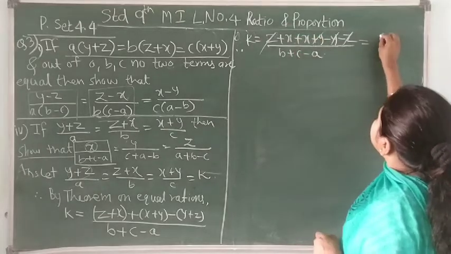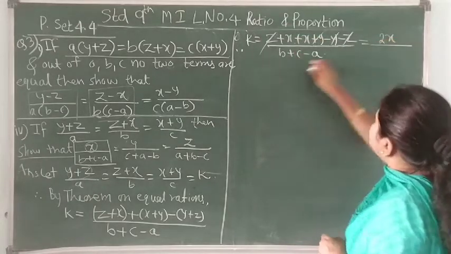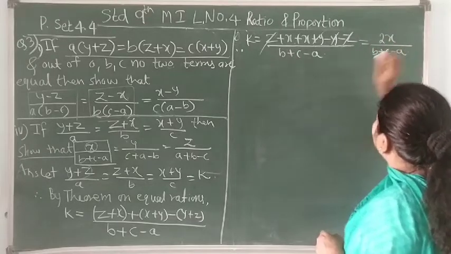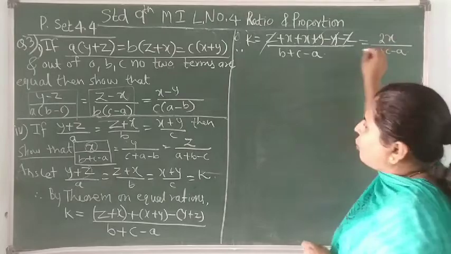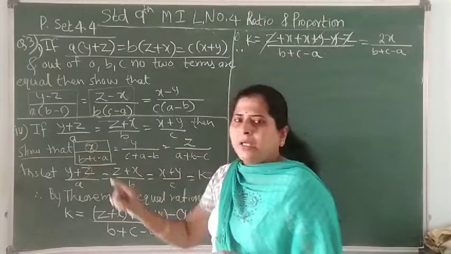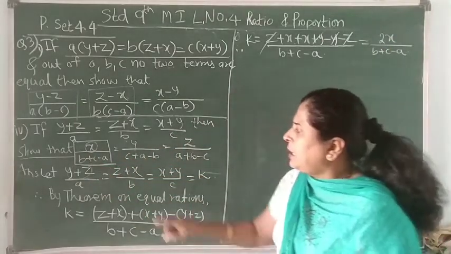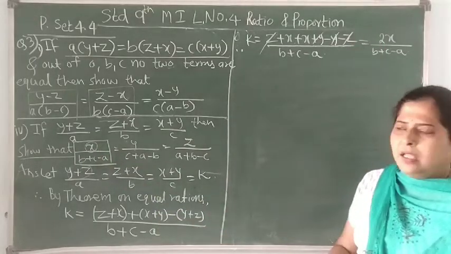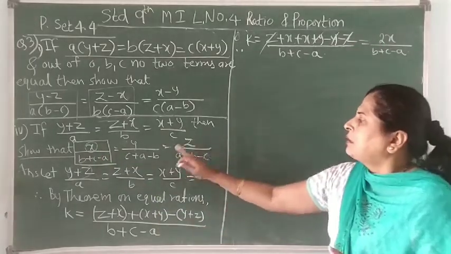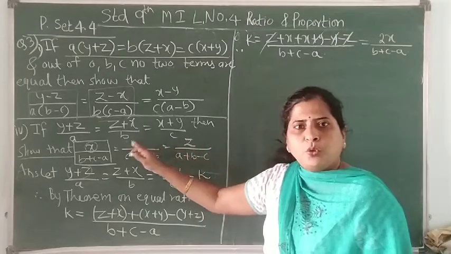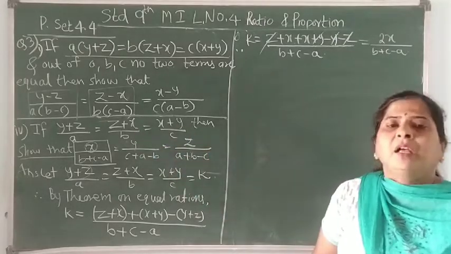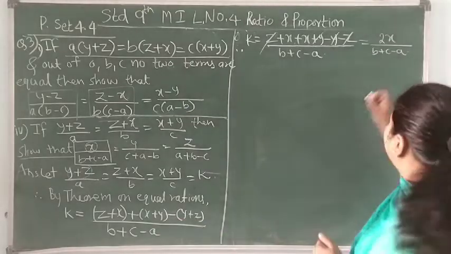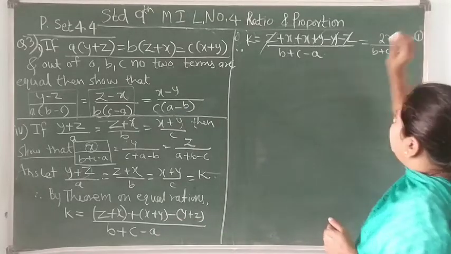So it is 2x, x plus x, that is 2x upon b plus c minus a. So actually here we have got the required denominator b plus c minus a, but instead of x, we have got 2x. Let's see if we get similar terms here: instead of y, if we get 2y, and instead of z, if we get 2z, we can remove that 2 from the numerator. Let's say this is statement number 1.